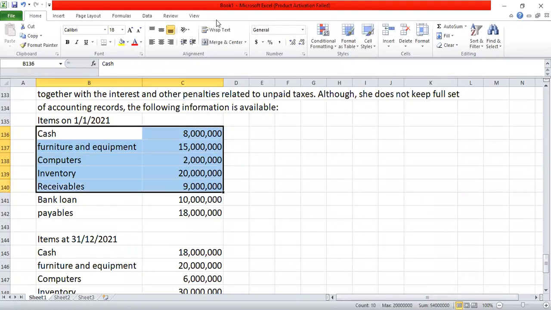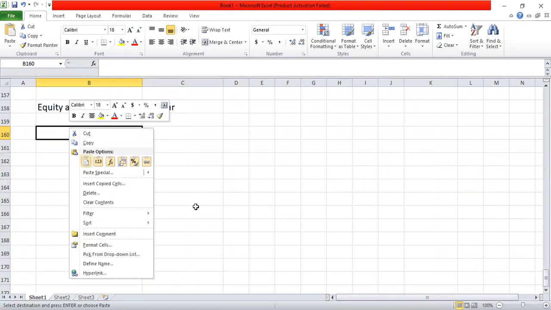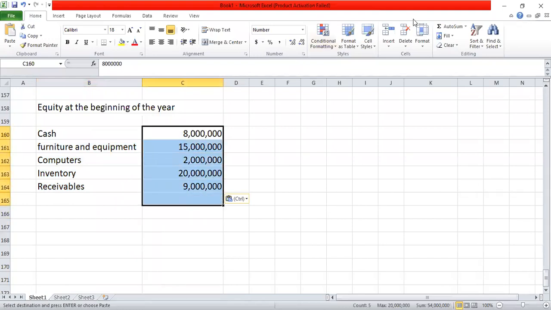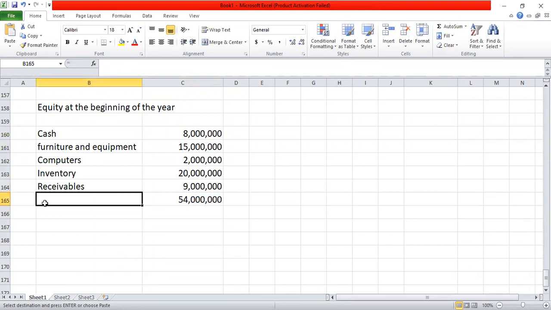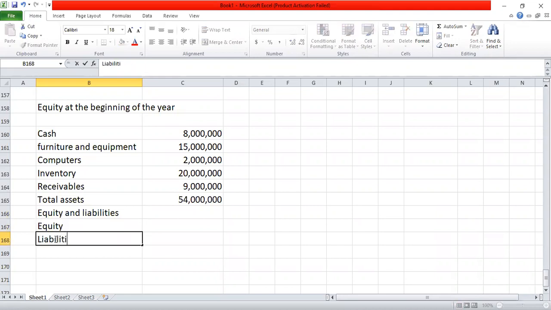These are the assets, so these are the total assets. Then I have my equity and liabilities here: equity, then the liabilities.